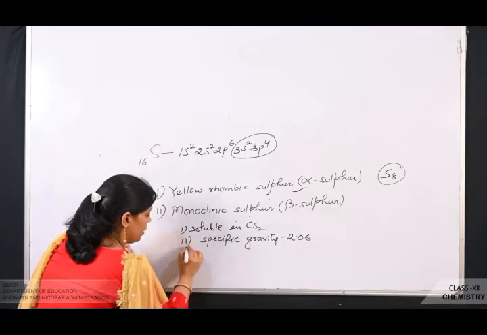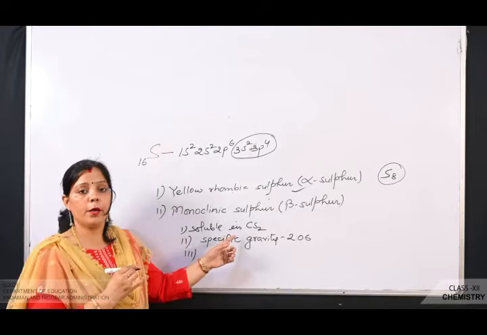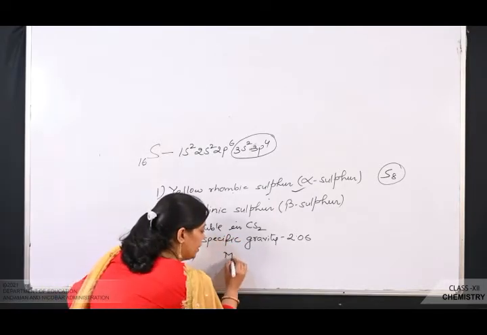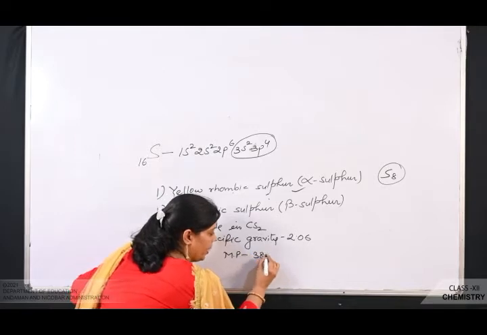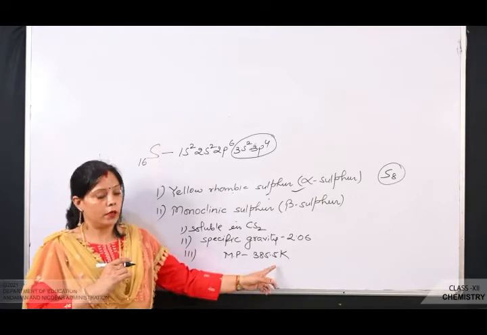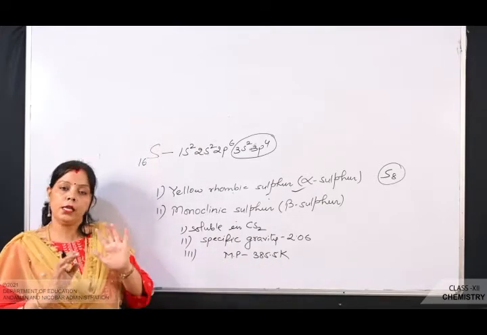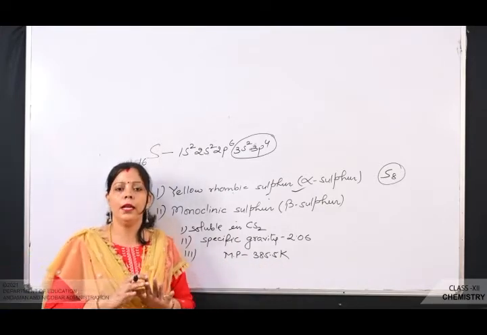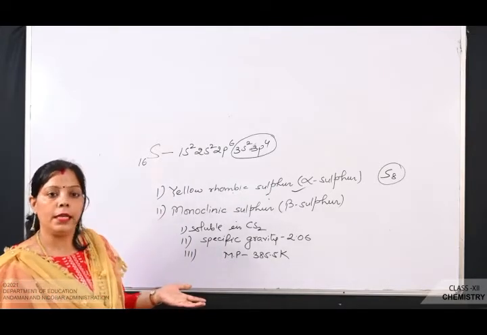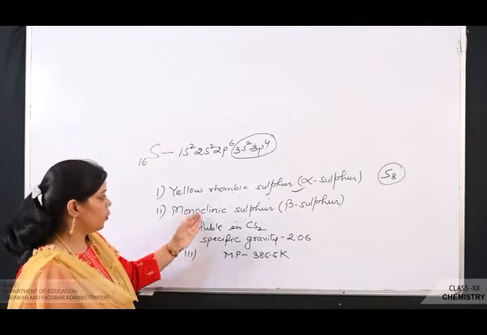Okay children, the next important property is that its melting point is 385.5 Kelvin. It is insoluble in water but soluble in organic solvents like benzene, alcohol, ether.